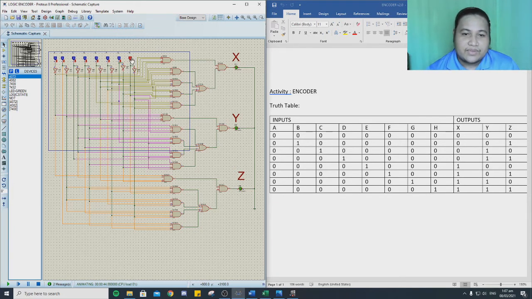So as you can see, all of these outputs correspond to each of these inputs, which makes our K-map and Boolean equation correct. And that is how you do the schematic diagram if you are given a truth table. So that is all, and thank you for listening.